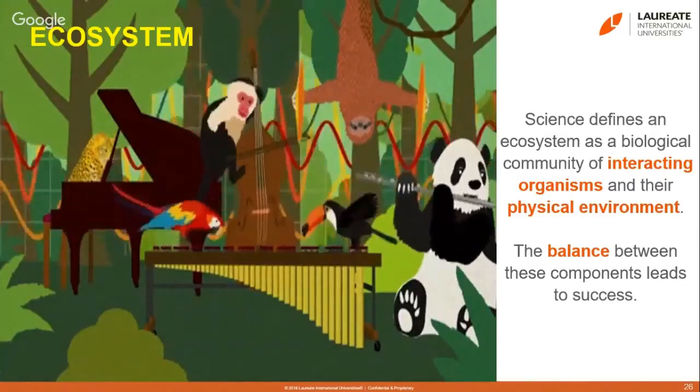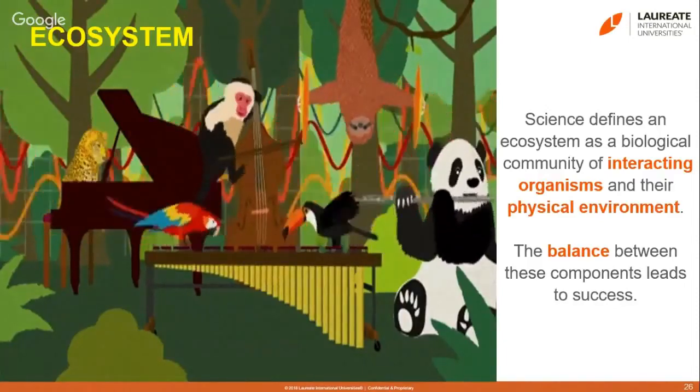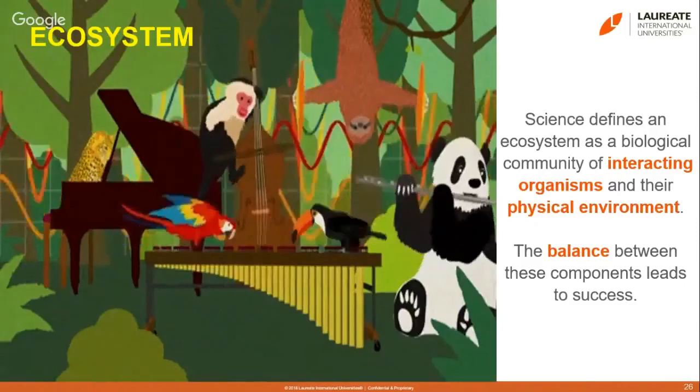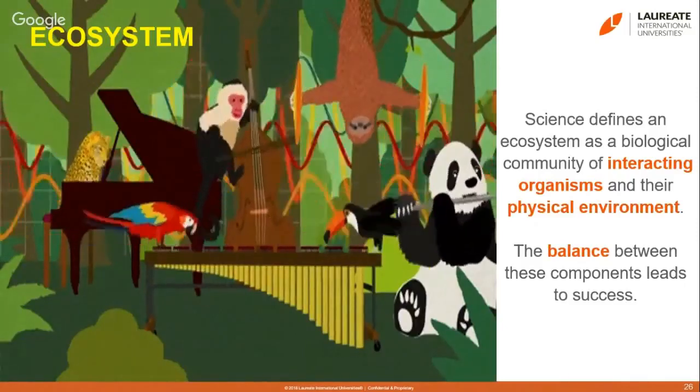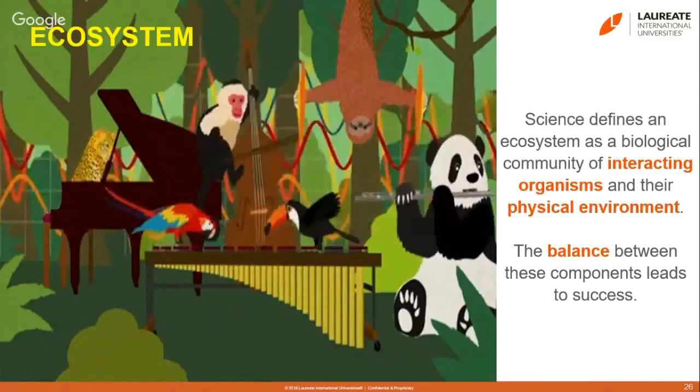Science defines an ecosystem as a biological community of interacting organisms and their physical environment. The balance between these components leads to success.